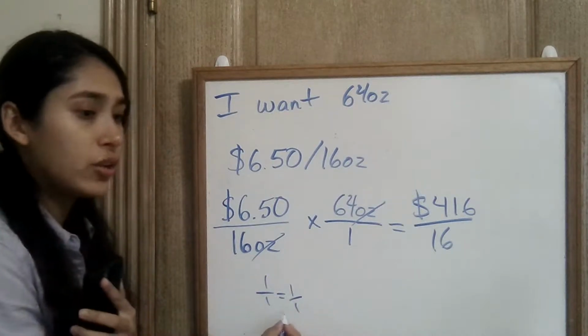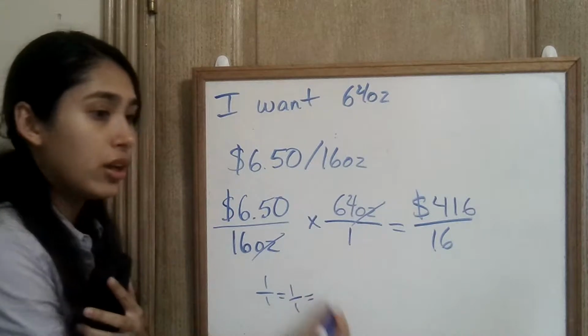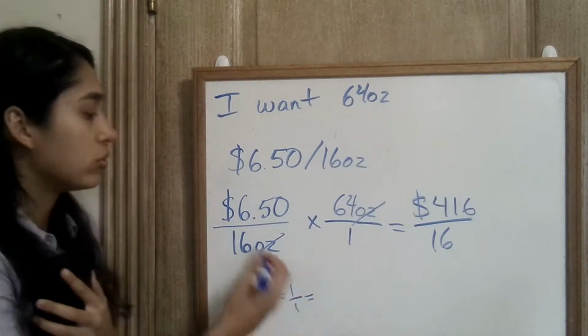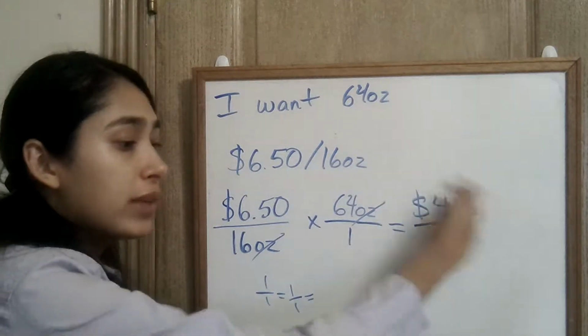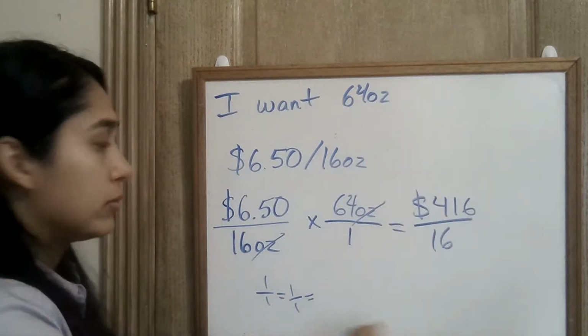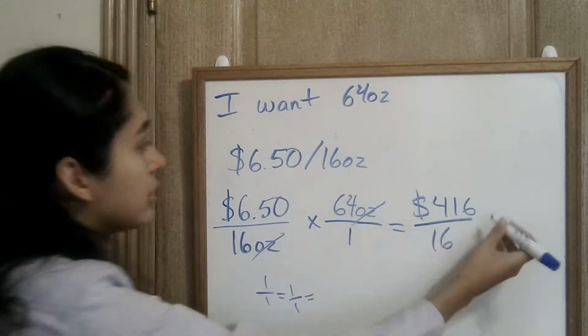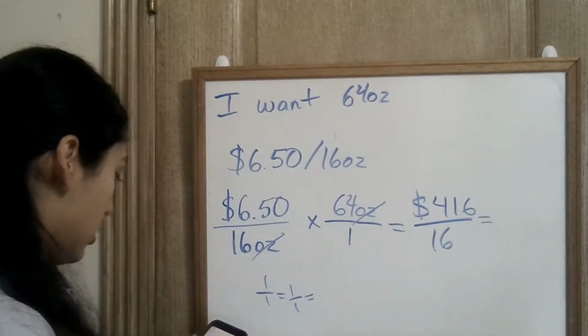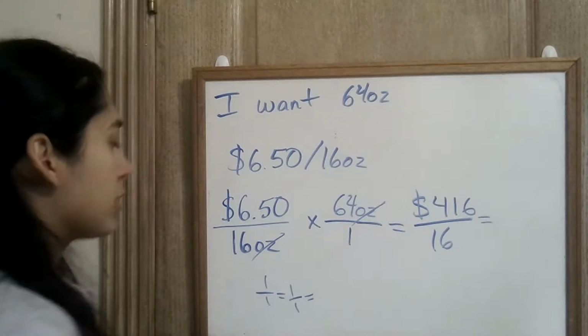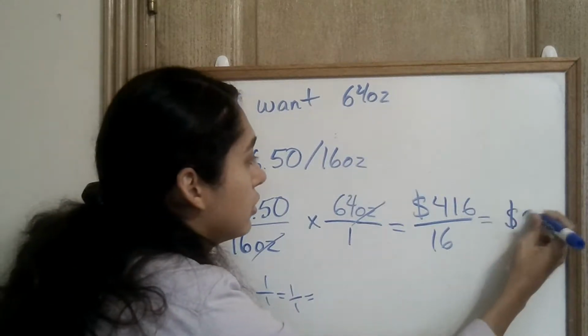When you have any unit of measurement over the same unit, it becomes one and the same. So we ignore the units. That's why we know whatever number we have here is going to be money. So 416 divided by 16 is going to be $26.